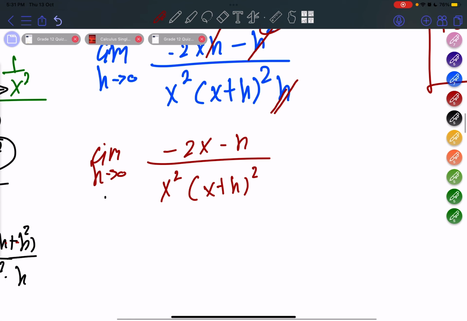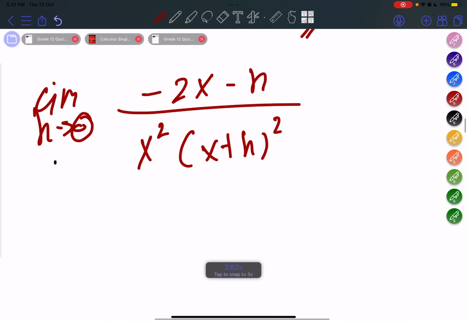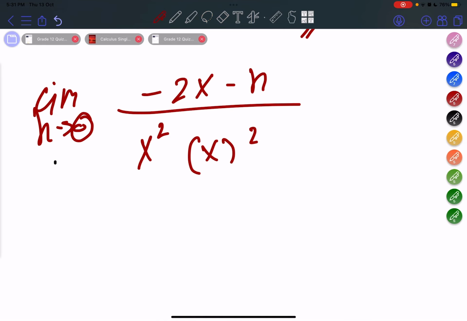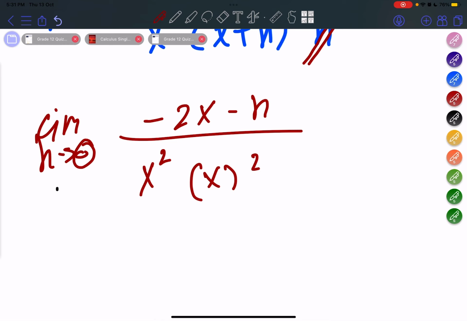Now, finally, we can sub in the value of h as 0. So here in this case, if we sub in h as 0, it will be the same thing, so it's not important. It becomes x squared here, x squared times x squared in the bottom, and minus h is 0, so again it does not matter. We can just cancel it.